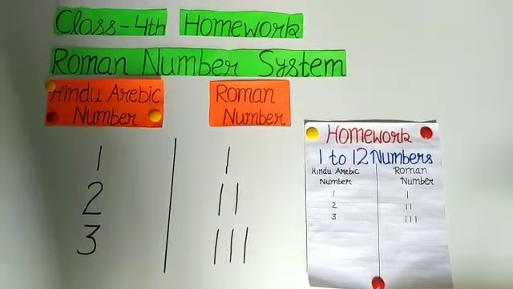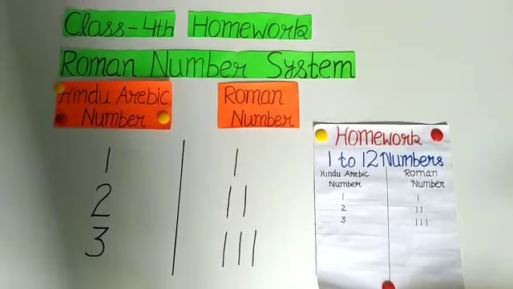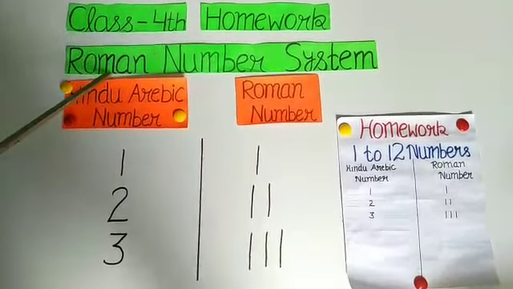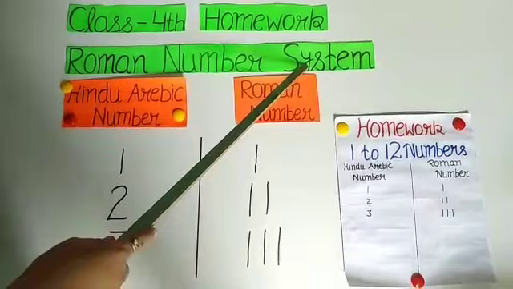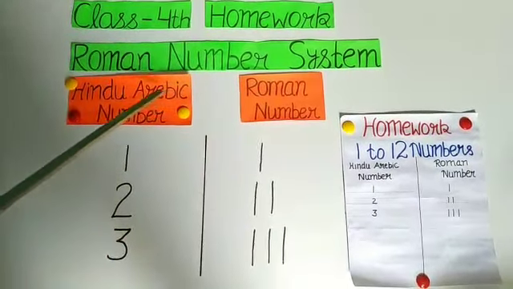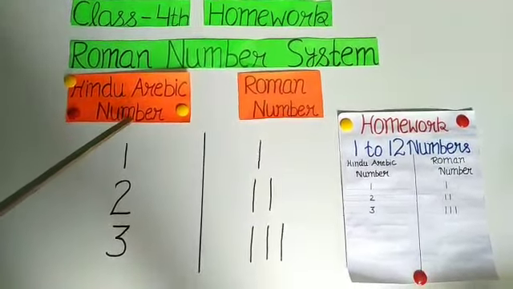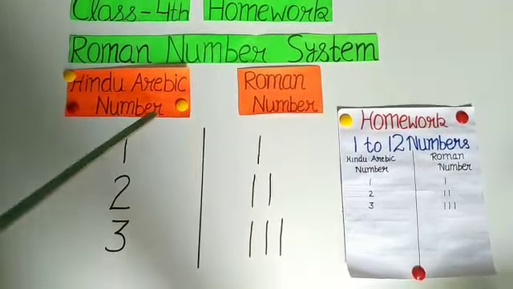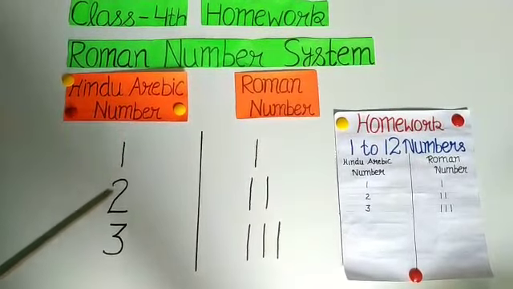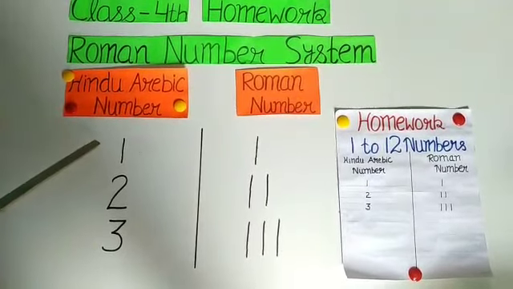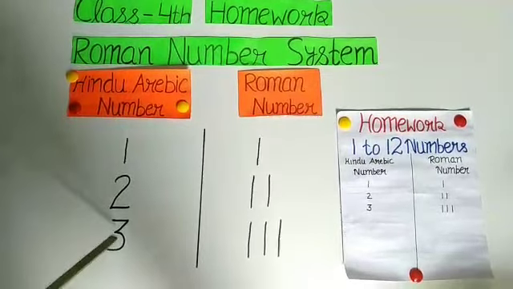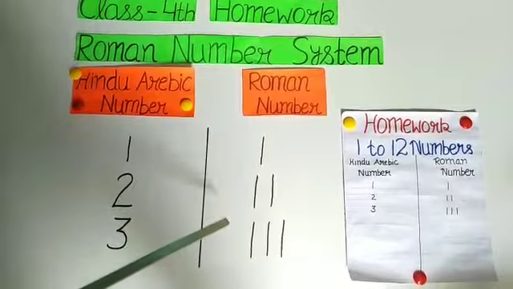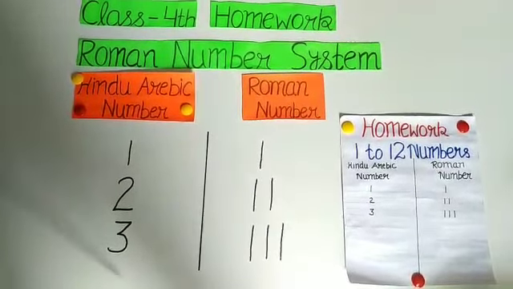So students, as we learned the Roman numbers 1 to 12, you have to revise them in your homework. Use the heading Roman number system, and in your notebook write Hindu-Arabic numbers on the left side and Roman numbers on the right side. Write the Hindu-Arabic numbers up to 12, as we took the examples 1, 2, 3, and convert these numbers into the Roman number system up to 12.